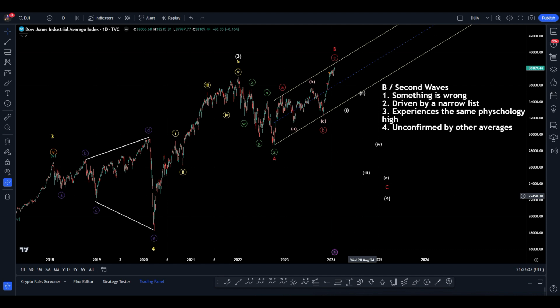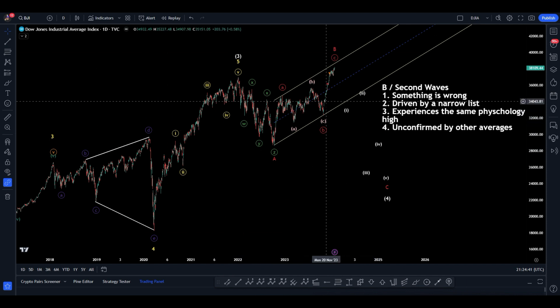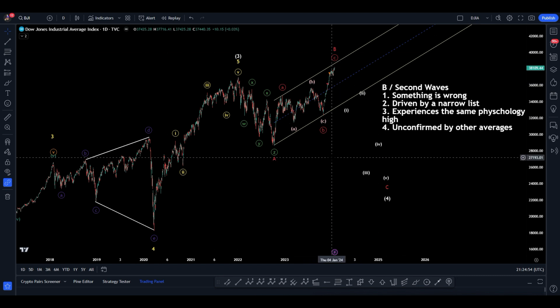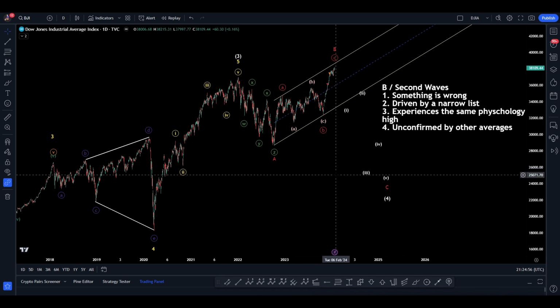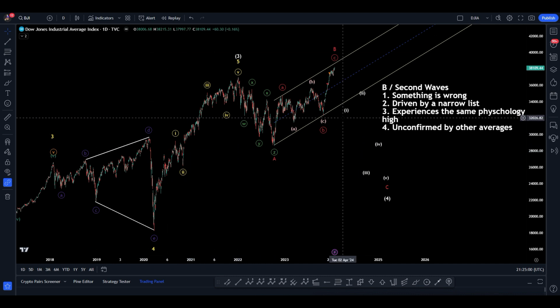We're going to get into other things later, but the more you look at it and the more you count it, something is wrong. This is not as bullish as it's supposed to be, right? We should be absolutely soaring right now in a 5-wave structure, and it's not. It is fully contained by parallel lines. So, yeah, something is wrong here.